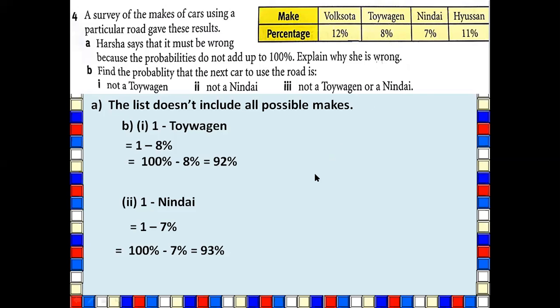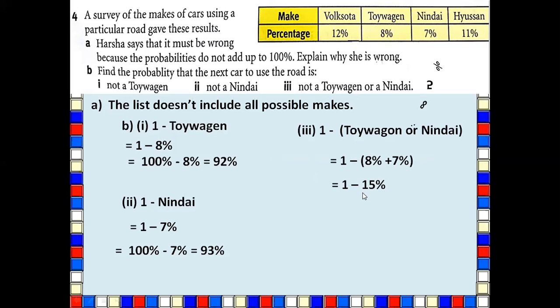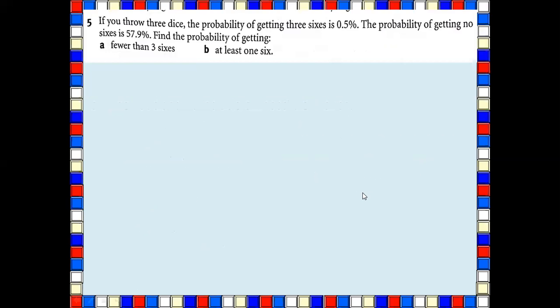But we need not toy wagon or Nandai. It's 1 minus 15, which is 85. Excellent, perfect, Aisha. First we add the toy wagon and Nandai together, which is 15%, and then we take the opposite of 15%, which is 85%.